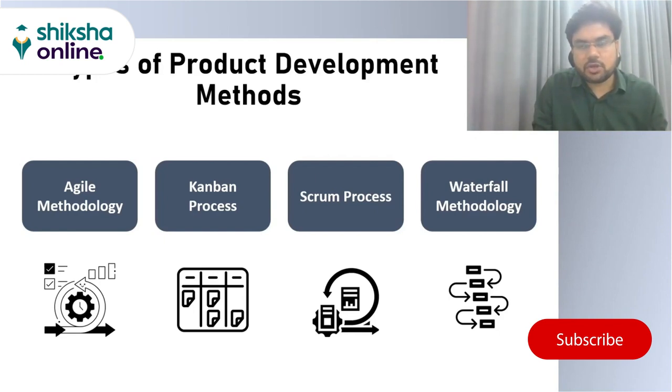So an agile methodology is an iterative way of developing a product wherein the focus is usually on the final version of the product with more or less features based on customer feedback, and in each version a newer and more improved product is delivered to the end user. So in an agile methodology, the focus is usually on the final version of the product, unlike the waterfall methodology that we are going to discuss.